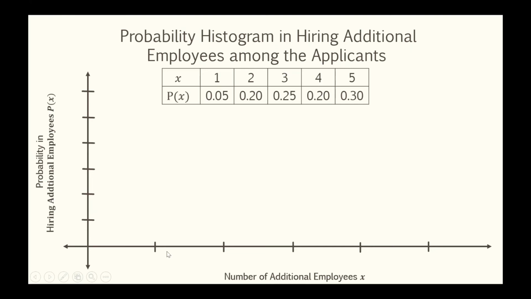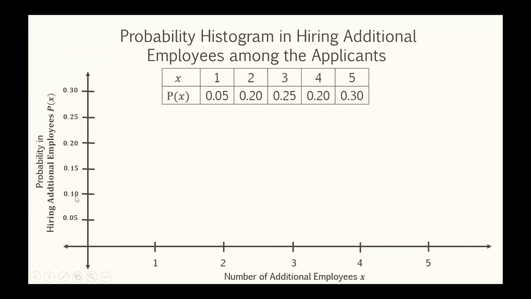We have to take note of that. The number of employees are 1, 2, 3, 4, 5. And for the P of X, we have 0.05, 0.10, 0.15, 0.20, 0.25, and 0.30. The distance of that is 0.05.